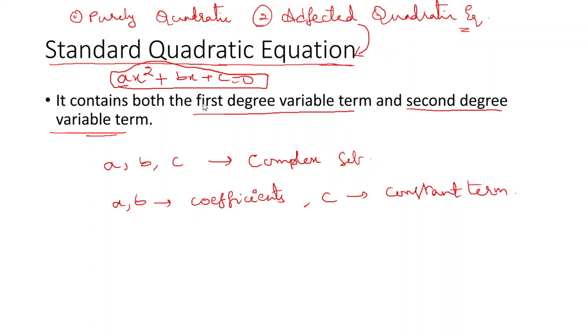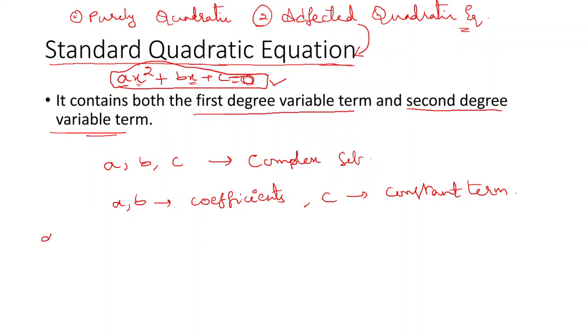And this quadratic equation can have two roots. So what is a root? A root is a value that, if substituted in this equation, makes the whole equation equal to 0. If we take a number and substitute it in the place of the variable, then the whole left side becomes equal to 0.